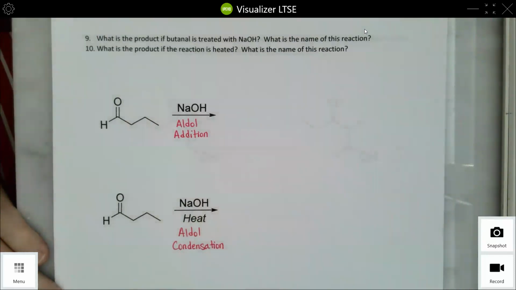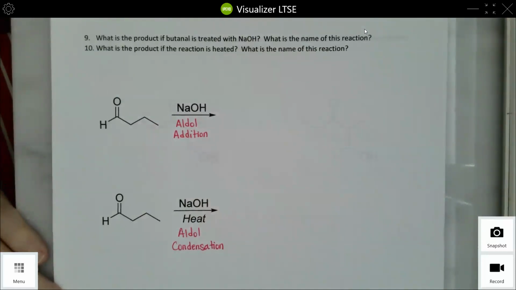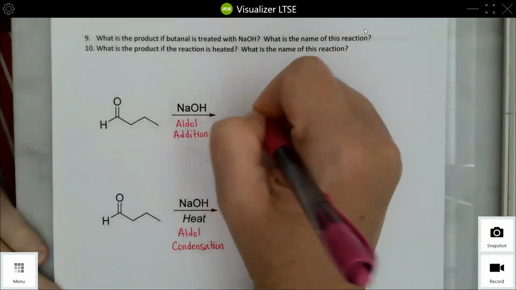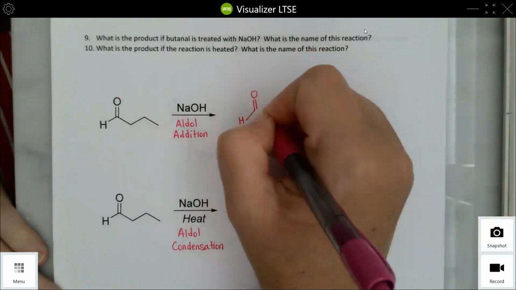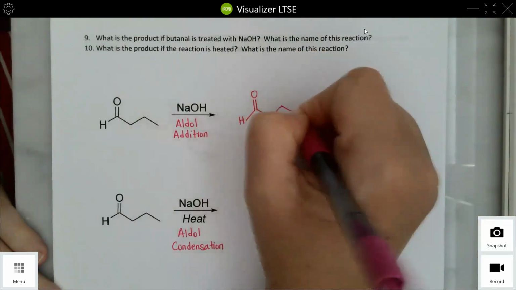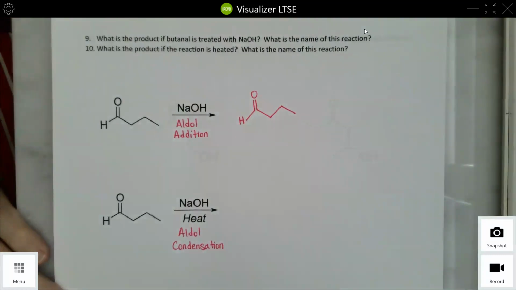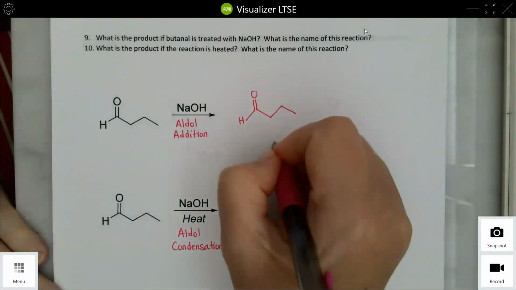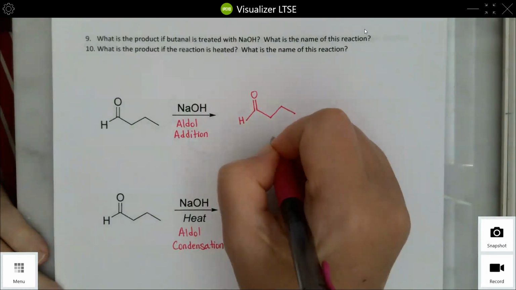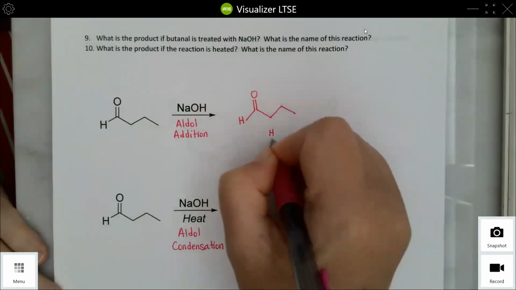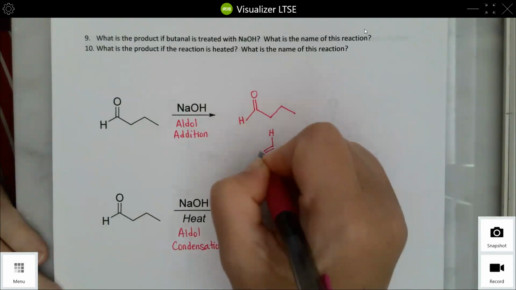And if we think about how to draw the product, the activities showed you a way to do that, right? So we could draw out one equivalent of the butanal and then draw out the other one. The idea would be you could flip this over.